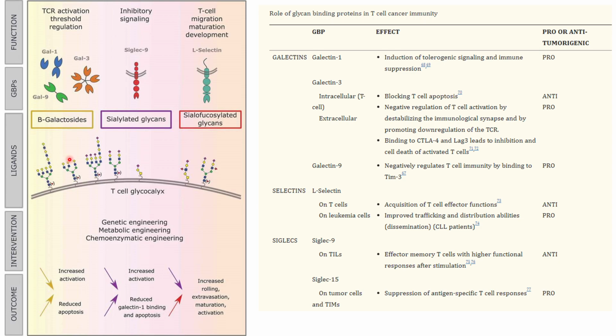This might generate a pro-tumorigenic response, as the threshold level for activation of TCR will increase, and the reduced apoptosis will also increase, so it will trigger less, since the threshold level of TCR is increased. So its function of killing the bad cells or the tumor cells will get reduced.